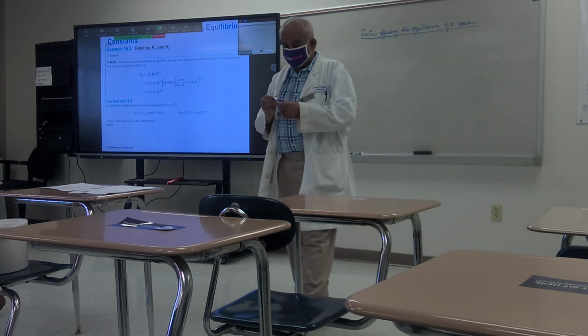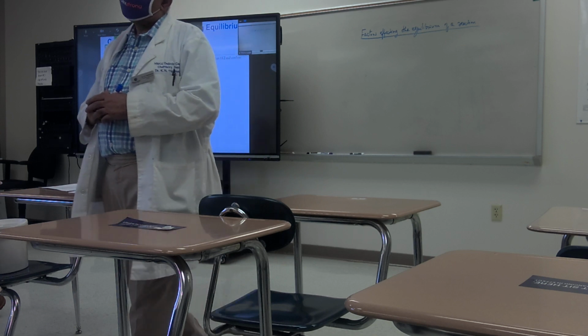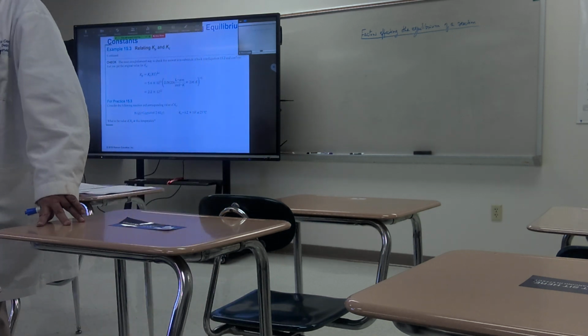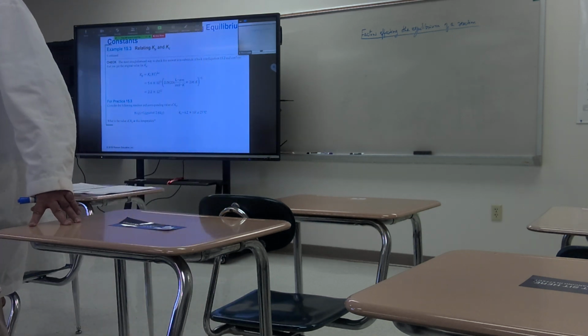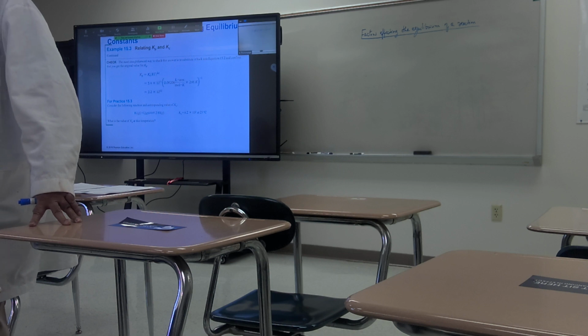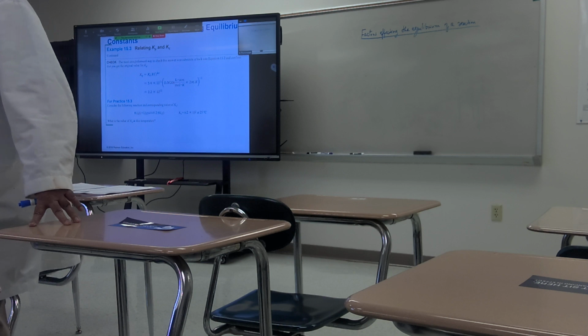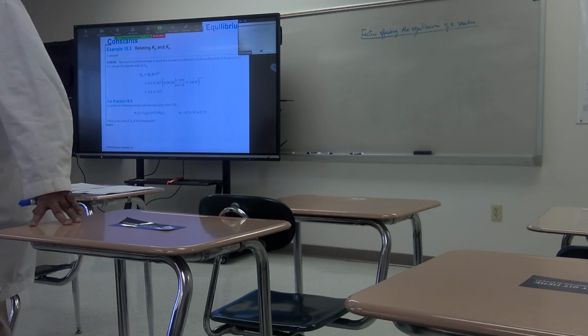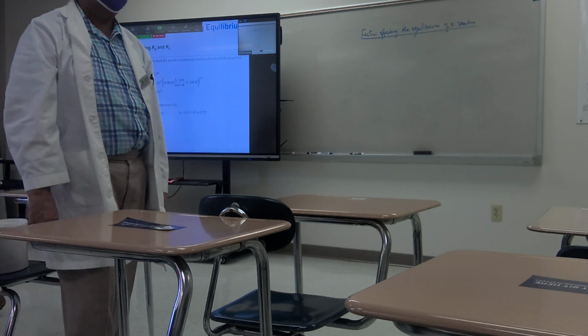I have already discussed these things in chemical kinetics. What are the factors that would affect the rate of a reaction? Concentration. Correct. The nature of the reactants, then the pressure of the reaction, and then the temperature, right? And lastly, the catalyst, correct? The same factors would play a role here also.